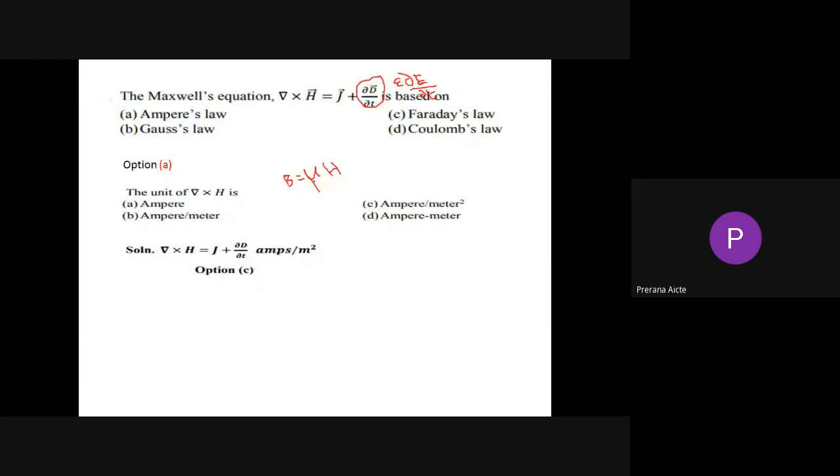The actual magnetic field within the material is considered as a concentration of magnetic field lines or flux per unit cross-sectional area, that is meter square. So the unit of del cross H is amperes per meter square. Okay, answer is C. Okay, next.